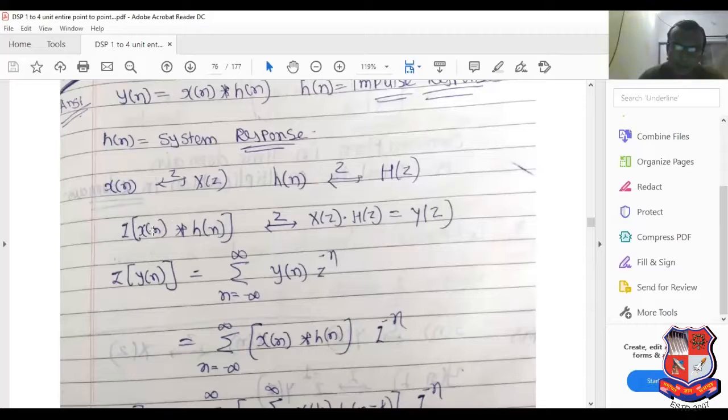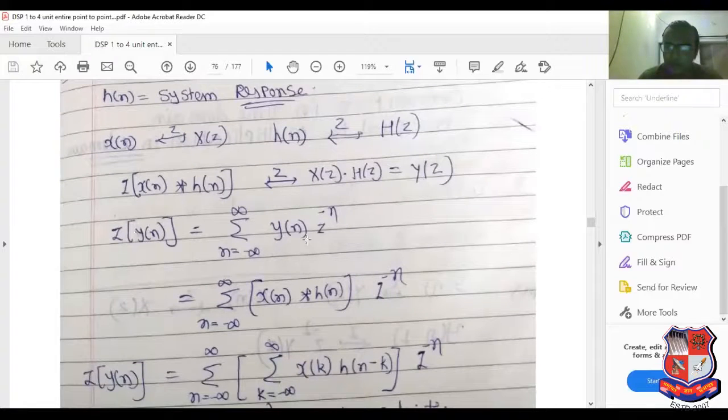So the z transform of x of n convolution with h of n is X of z into H of z equal to Y of z. So the z transform of y of n equal to summation n equal to minus infinity to infinity y of n z raised to minus n. So y of n equals x of n convolution with h of n, that is, summation k equal to minus infinity to infinity x of k h of n minus k. This is the definition.